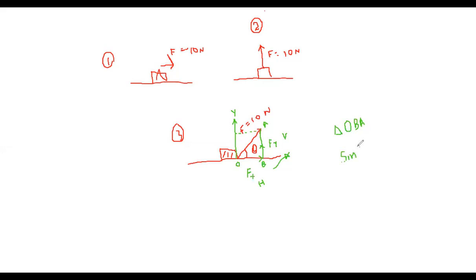Perpendicular upon hypotenuse. You can remember: sine theta is equal to perpendicular upon hypotenuse. So what is the perpendicular over here? Fy is the perpendicular. And what is the hypotenuse? It is always the side opposite to the 90 degree angle.